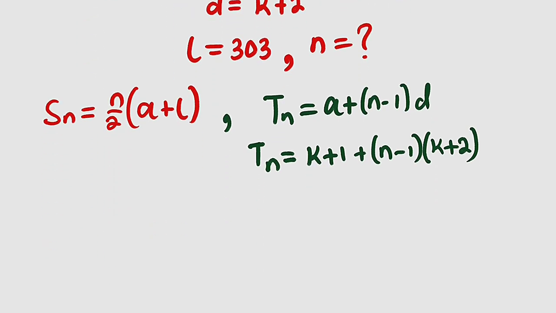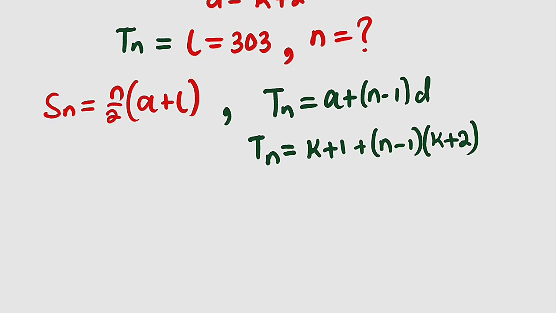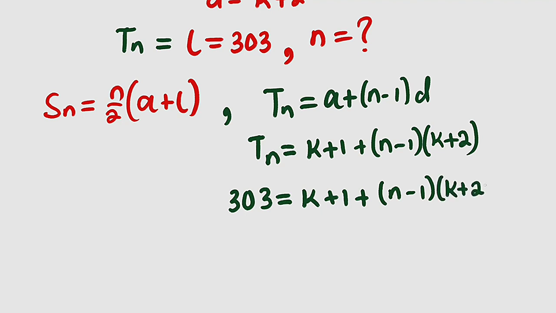So Tn is equal to 303 this time around. Tn and last term are all the same. So 303 is equal to k plus 1 plus n minus 1 multiplied by k plus 2.